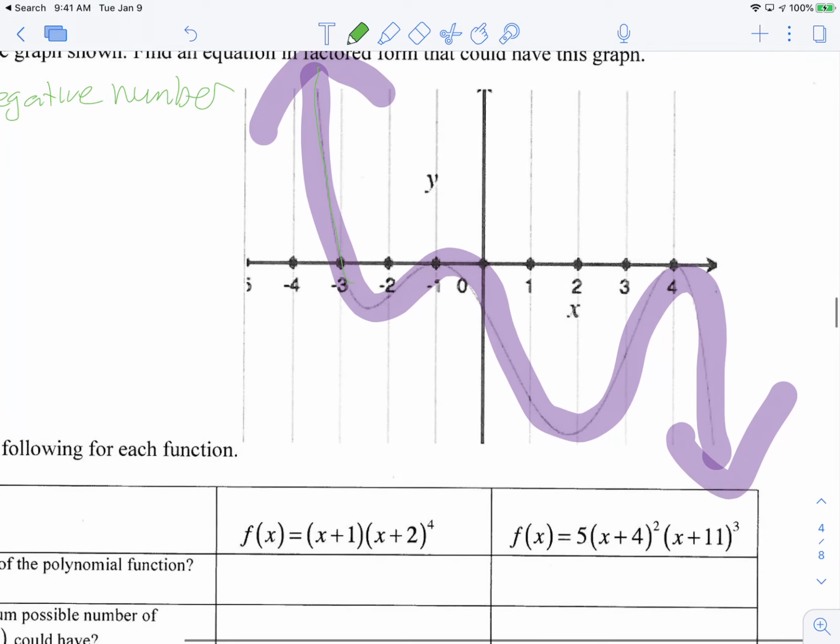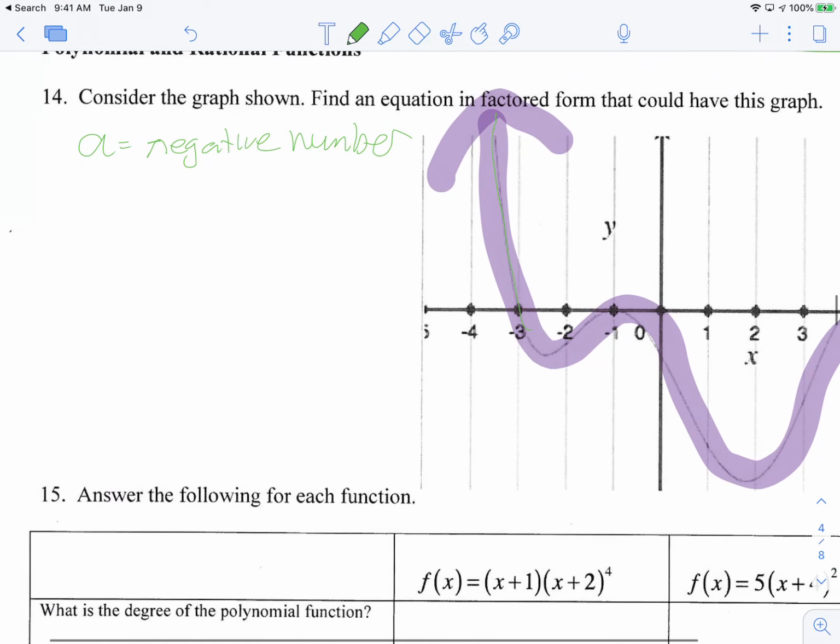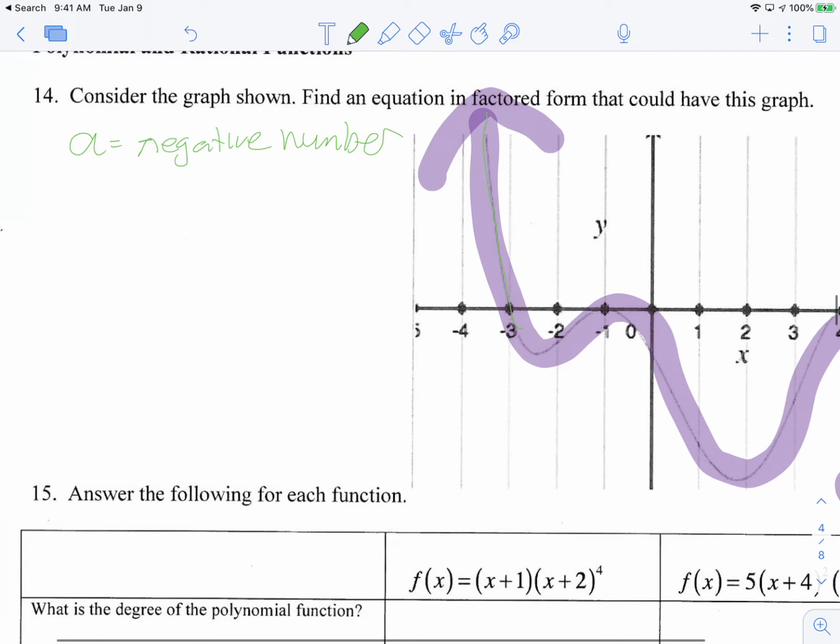Also, since it looks like this, we also know that it's going to have an odd lead exponent, or degree.